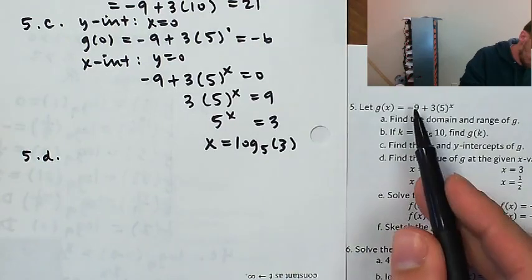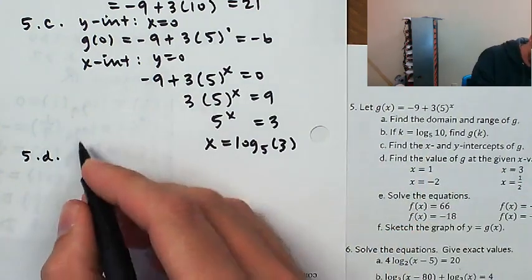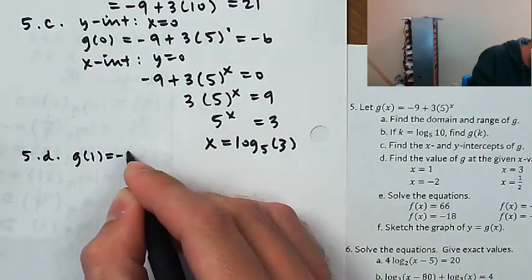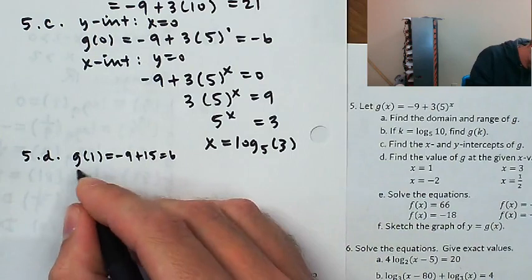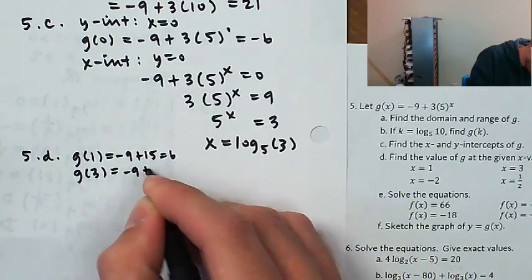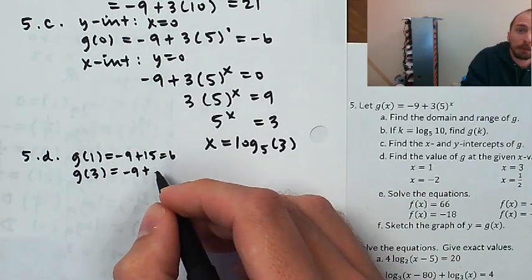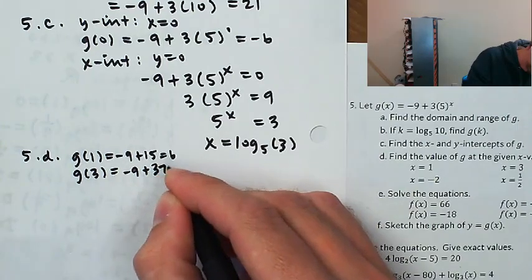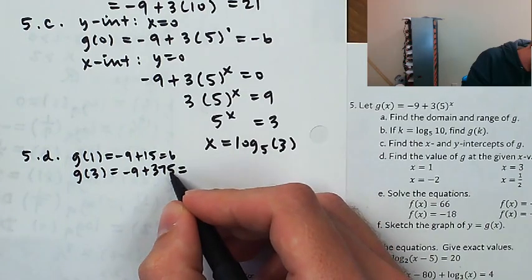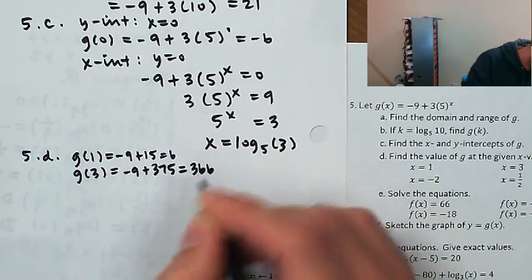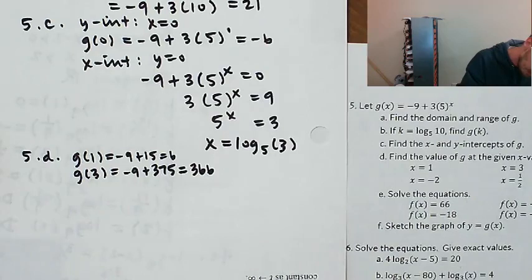At x equals 1, I've got negative 9 plus 3 times 5 to the first. 3 times 5 is 15, 15 minus 9 is 6. g of 3 is negative 9 plus 3 times 5 to the third. 5 to the third is 125, so 3 of those would be 375. If I subtract 9, that gives me 366. So we won't be needing x equals 3 on our sketch.